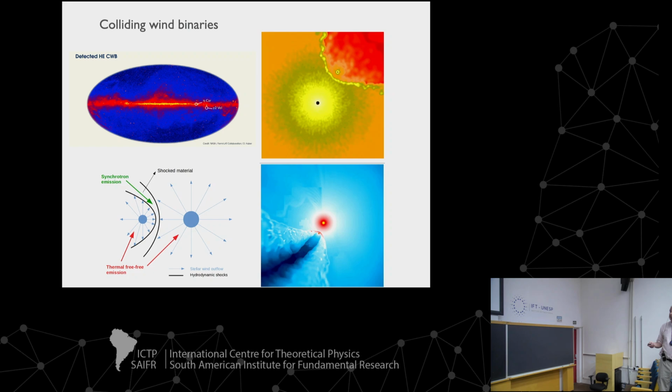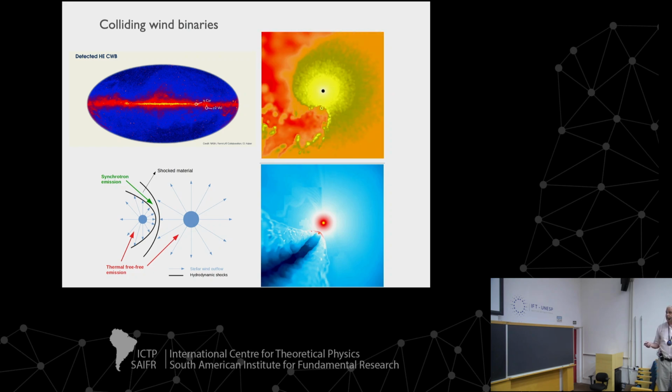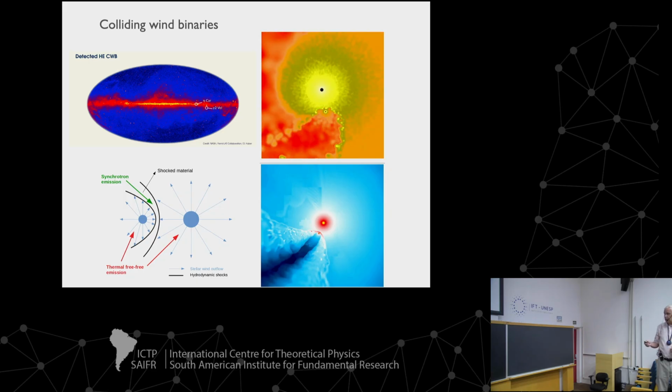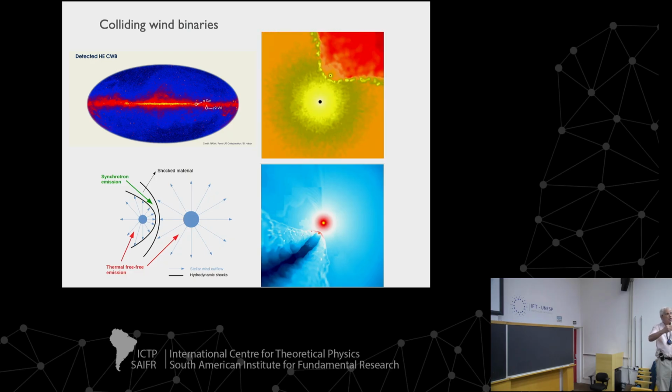So if we have a binary system formed by two of these powerful stars, the winds will collide at some point in between. And then a system of shocks will be formed. We will have a contact discontinuity, and we will have reverse shocks that will move in the winds of the stars.